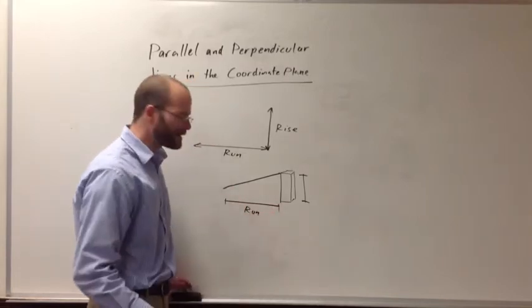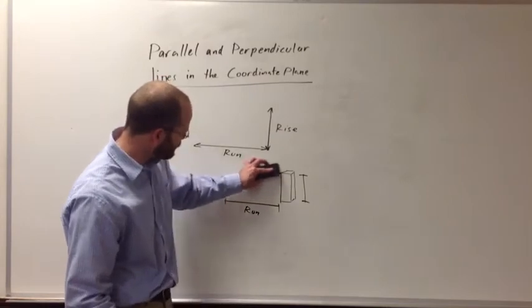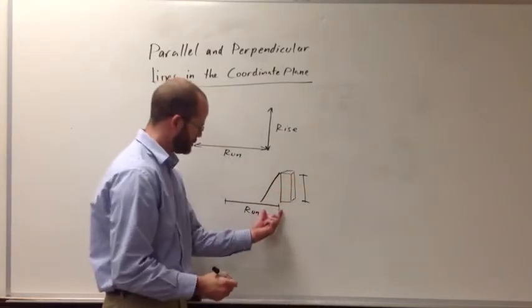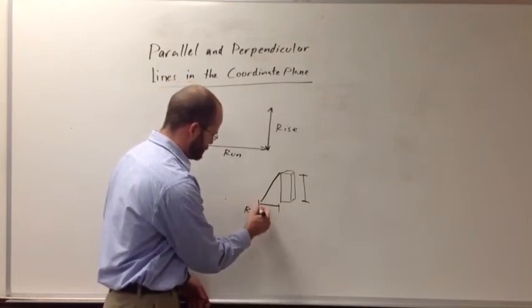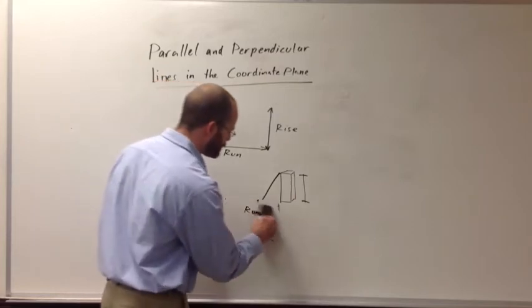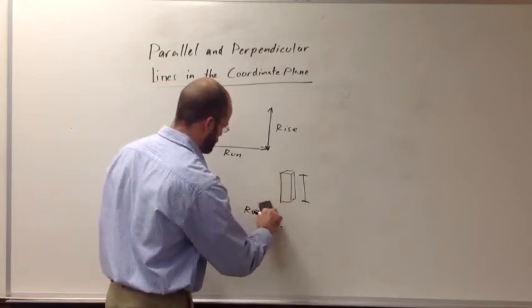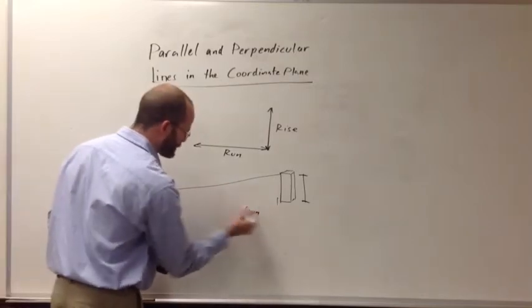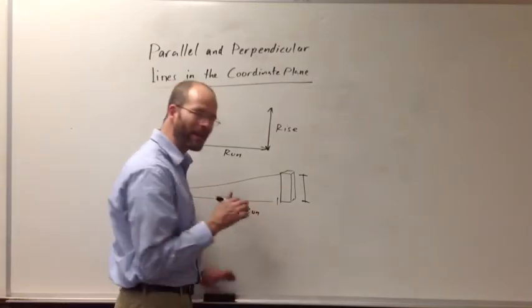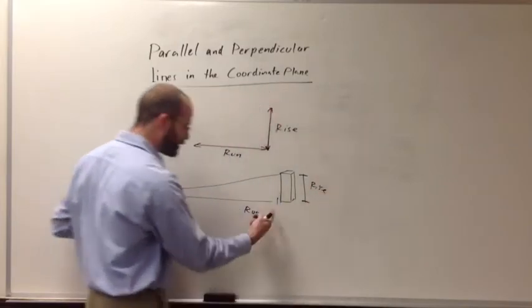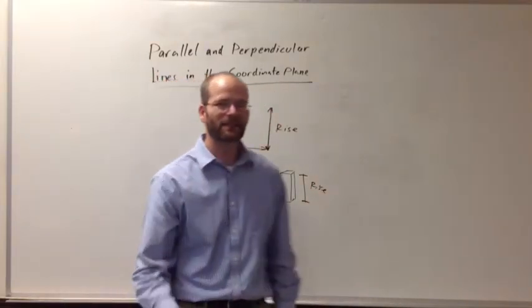So depending on the length of my plank or my ramp, I may have a very short run compared to the rise, or I could have a very long run compared to a given rise. And it's the comparison of that rise with the corresponding run that gives me this idea of slope.